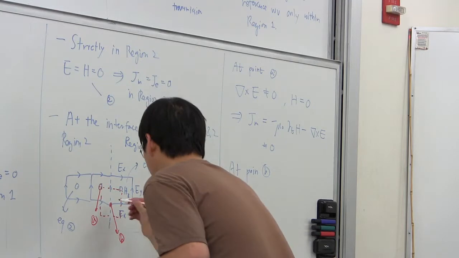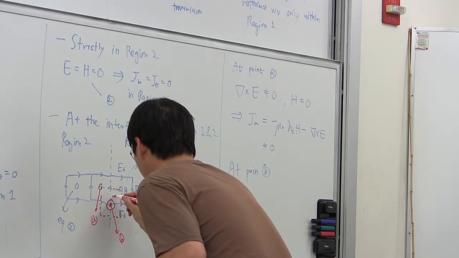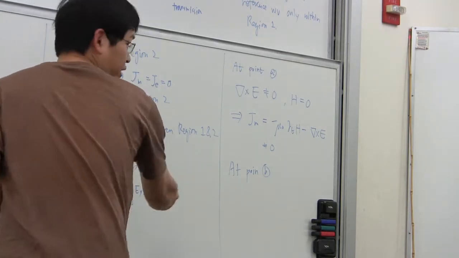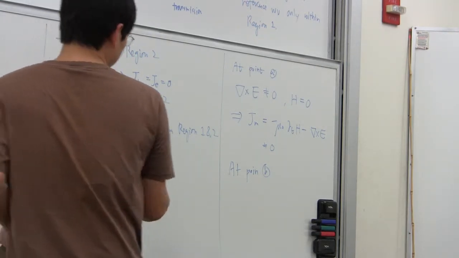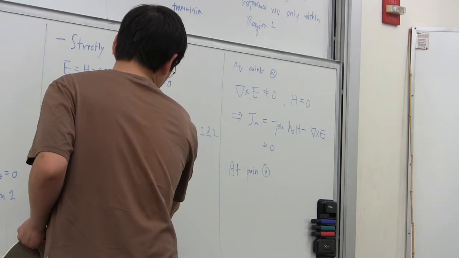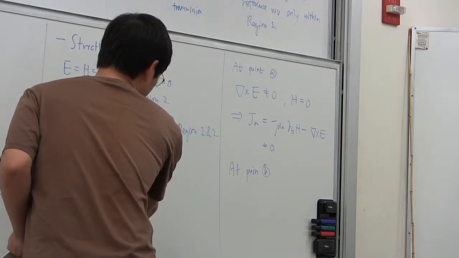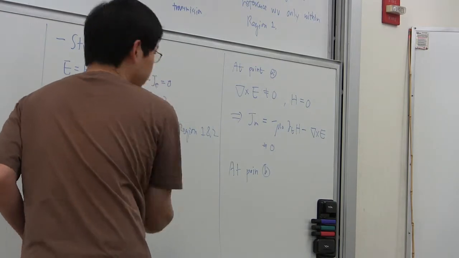So here you have EG defined, right? The E coming out. So you have EX, EY here, EX here, EY here, and EG is defined on the edge coming out, right?